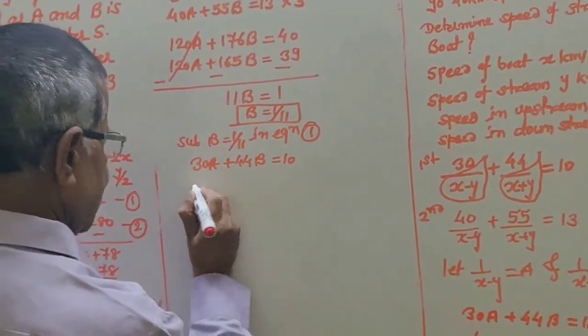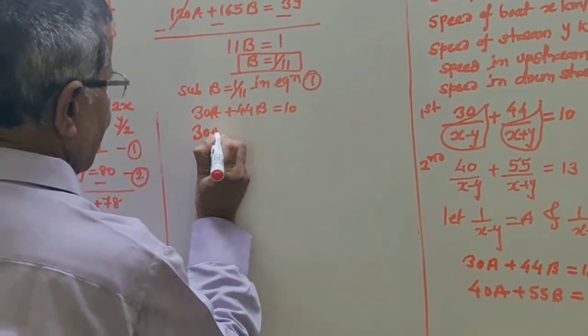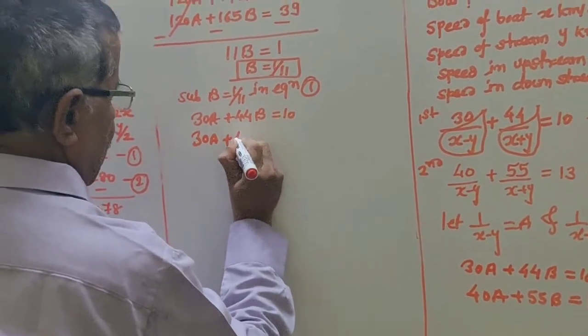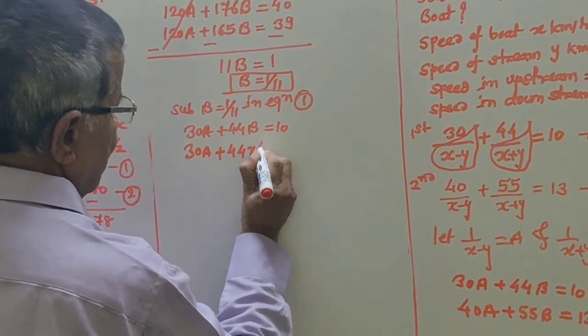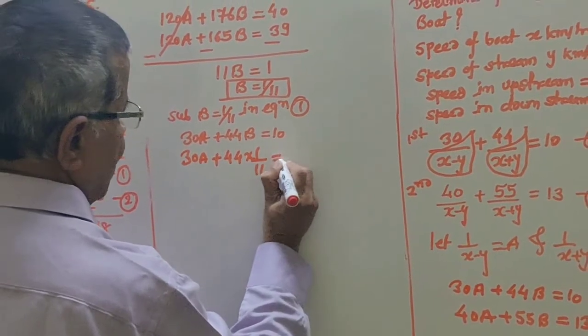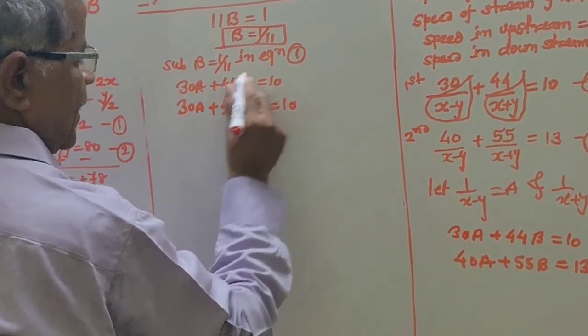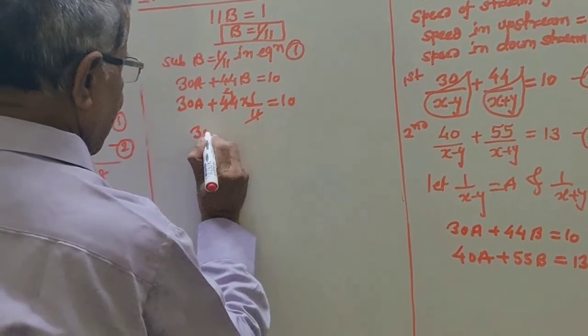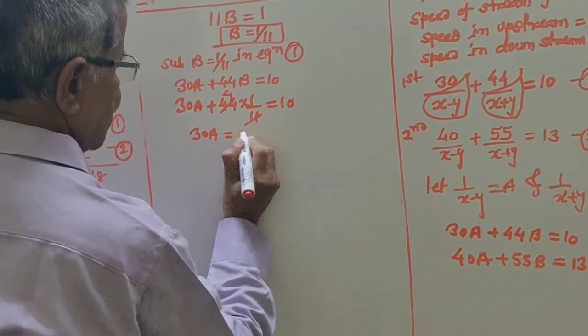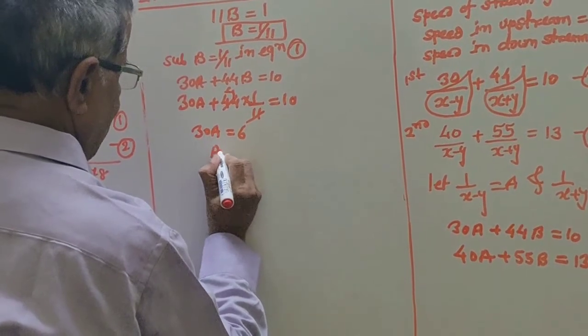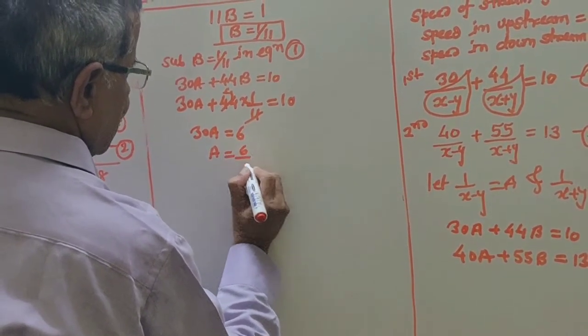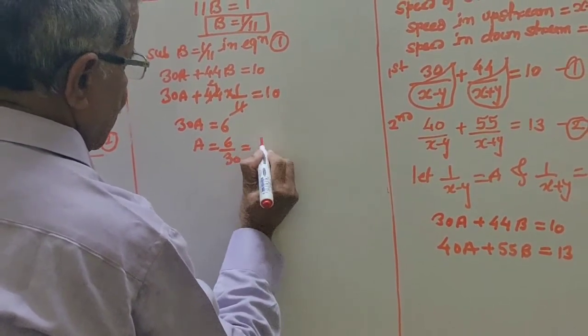Now I will substitute the value. 30A will remain the same plus 44 into 1 by 11 is equal to 10. Okay. 11 ones are 11, 4 fours are 4. Now I will transfer 4 here. What will come here? 30A is equal to 6 will come. Now what is the value of A? Is 6 upon 30, that is 1 upon 5.